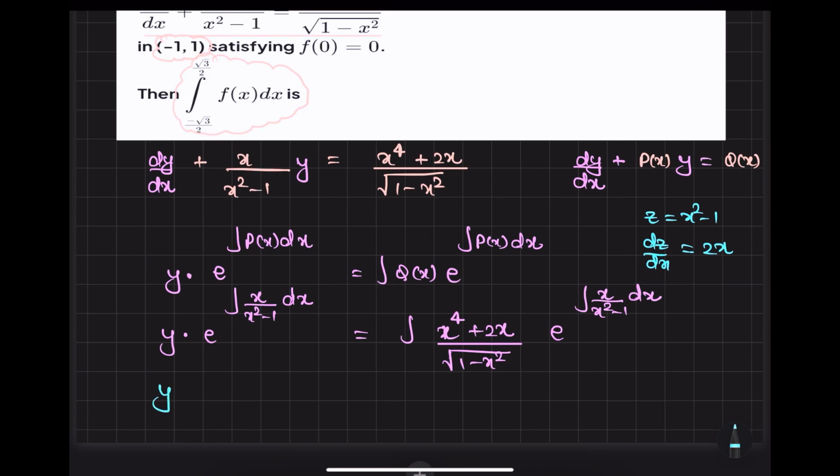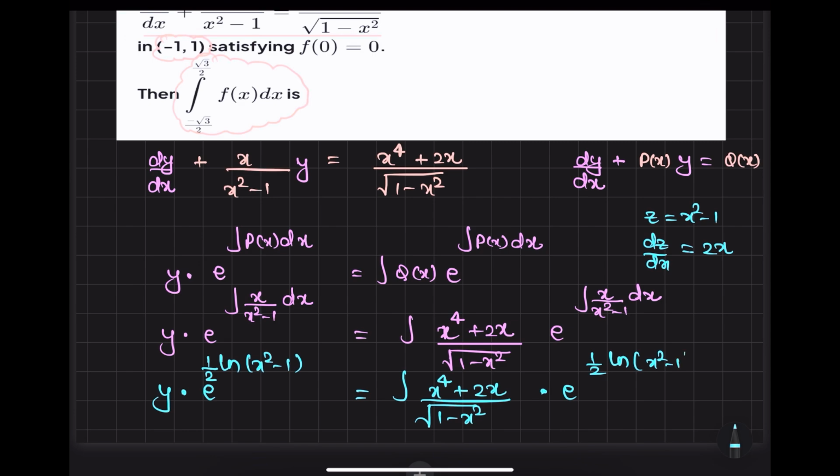So we will have y times e power ln x square minus 1 by 2. This is correct. The same thing will occur over here: integration x power 4 plus 2x upon root over 1 minus x square, and then e power 1 by 2 ln x square minus 1 dx.